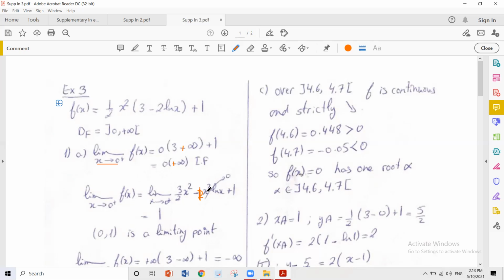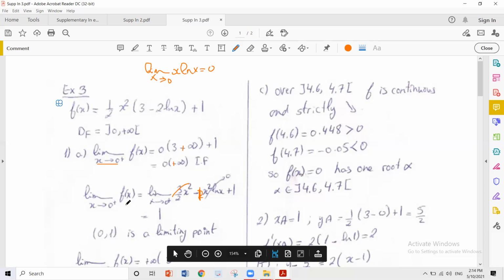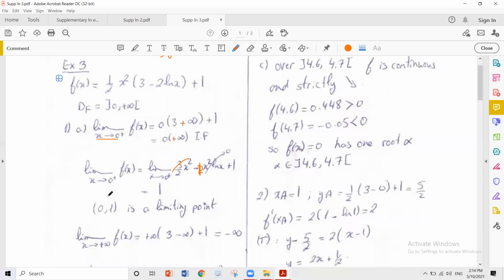We have a property that says limit as x tends to 0 of x ln x is 0. So with this property, if we replace x by 0, this one becomes 0, 0, 1. So limit as x tends to 0 plus, we get 1. Then the point (0, 1) is a limiting point.